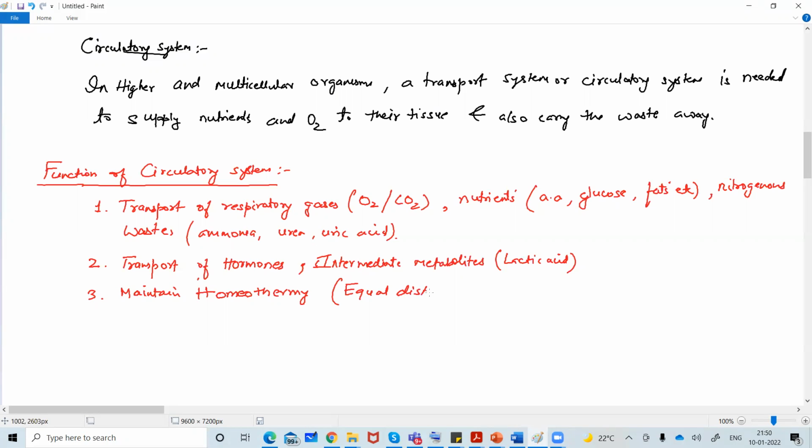Equal distribution of heat in the body. That is also done by the circulatory system. Next and the last, they also transport water, transport minerals, ions, and water. Okay.